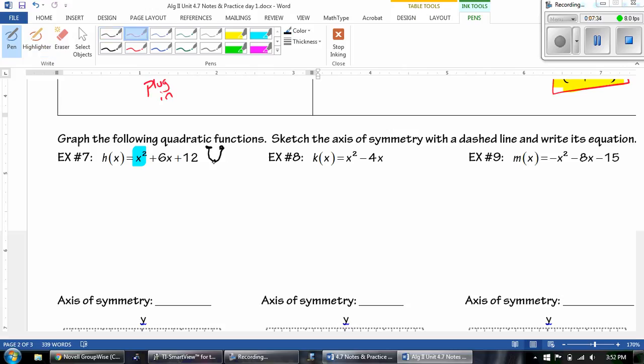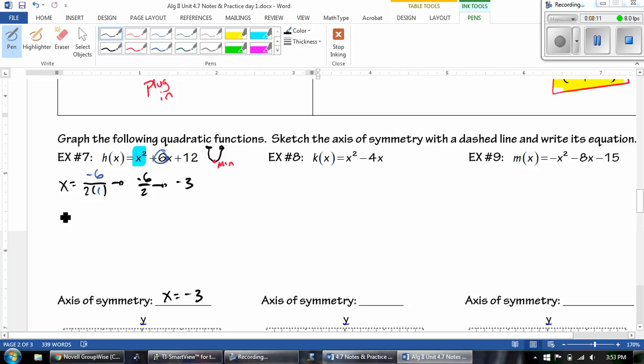And our vertex is going to be at the bottom, so it's a min. We need to find the vertex, so x equals the opposite of b over 2a. So we have negative 6 over 2, and negative 6 divided by 2 is negative 3. So my axis of symmetry is x equals negative 3.